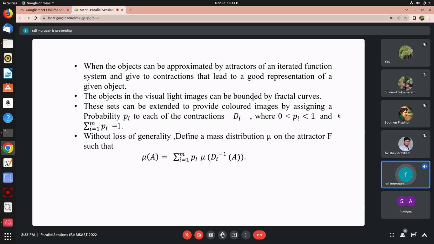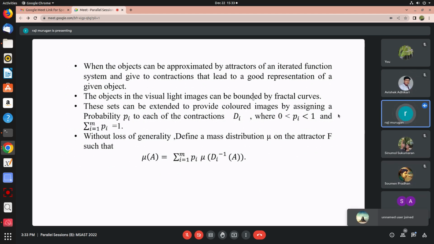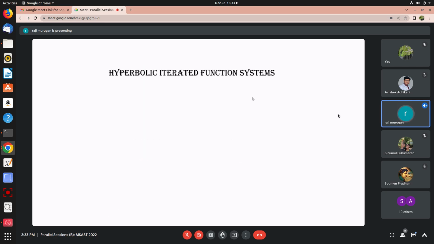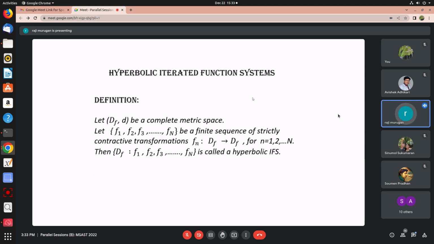Without loss of generality, define a mass distribution mu on the attractor F such that mu of A equals the summation of p_i mu of D_i power minus 1 of A. So here we define a hyperbolic iterated function system for light wave images. First, we consider the complete metric space.